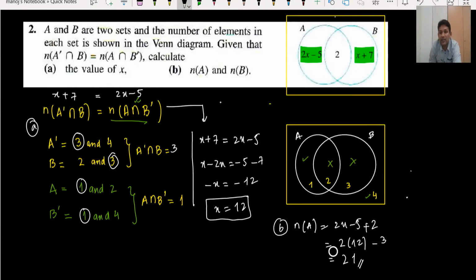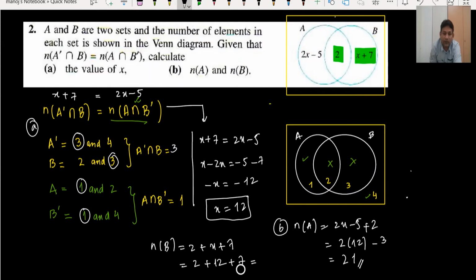And for B, the areas are 2 and 3. So the number of elements in B are 2 plus x plus 7, and x is 12. So 2 plus 7 plus 12 is 21.